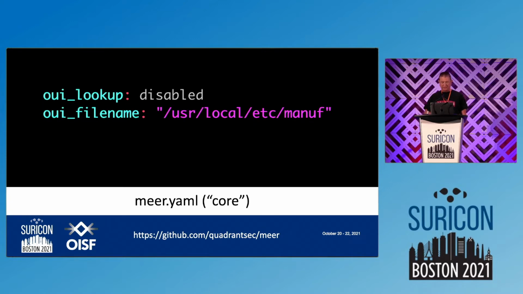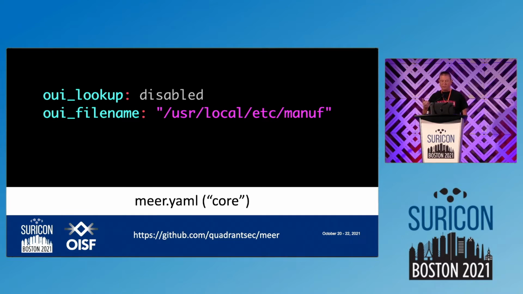We can also do things like look up MAC addresses. The only real place I've found this very useful is things like DHCP logs, where you have things like the client MAC. Wireshark has a MAC mapping file where you can do OUI lookups, so you can look up MAC addresses.